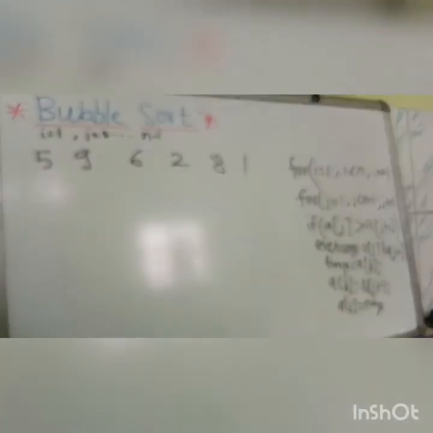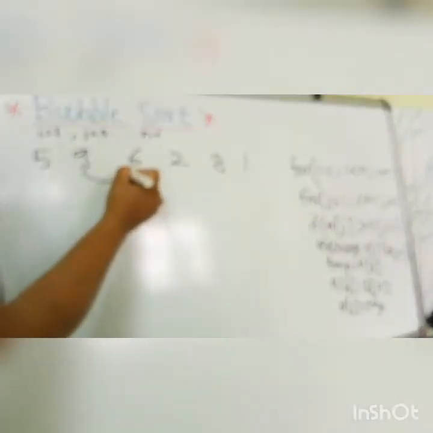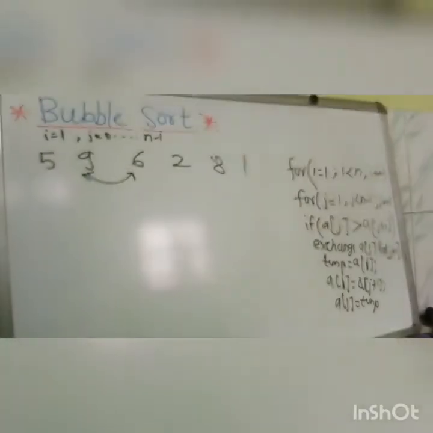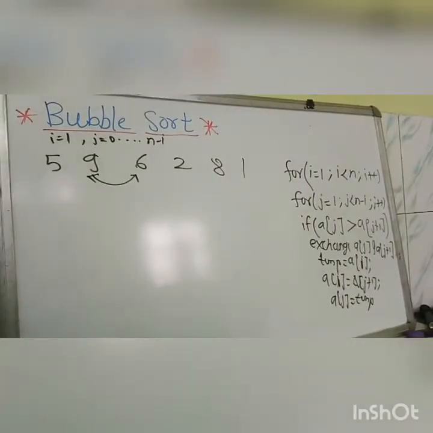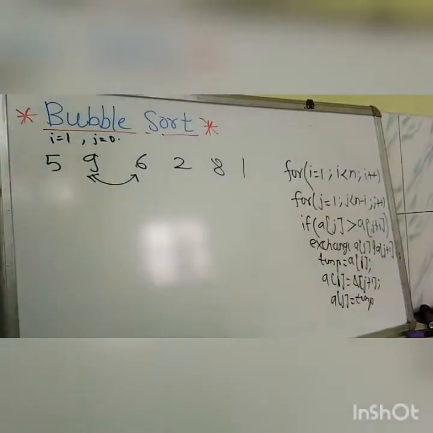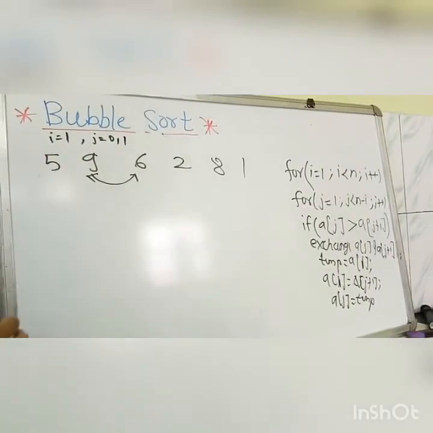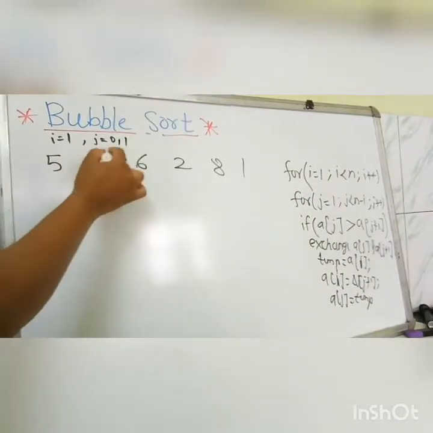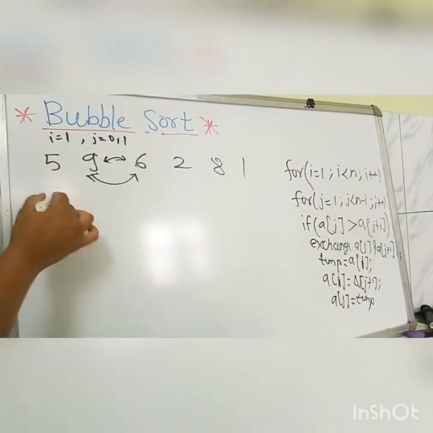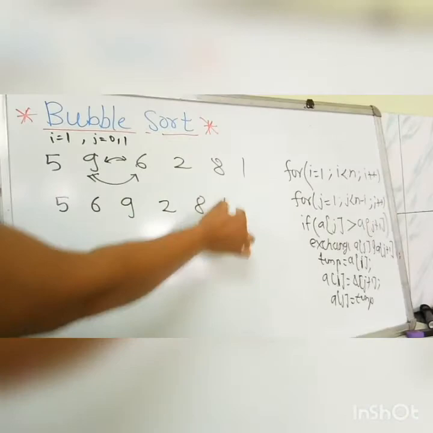So we go to the next, that is we compare 9 with 6. In this case i is 1, but j is 1. As 9 is greater than 6, we have to swap these two elements. The next list becomes 5, 6, 9, 2, 8, 1.